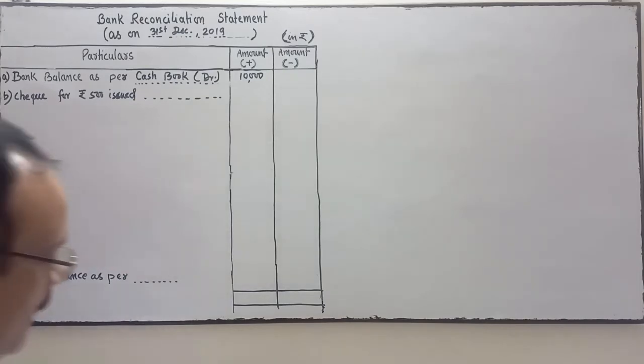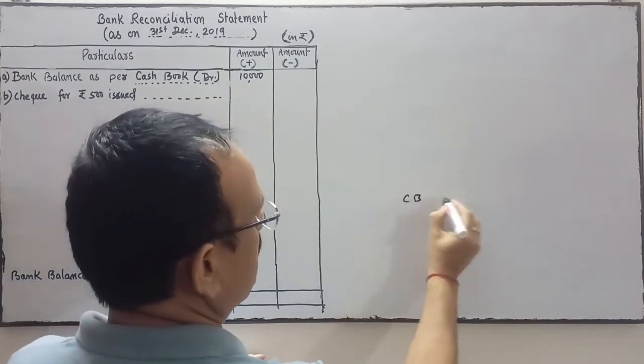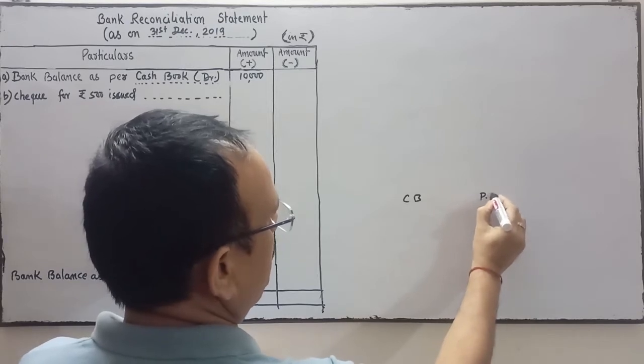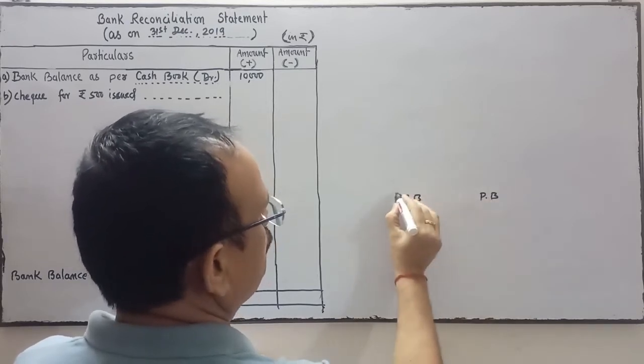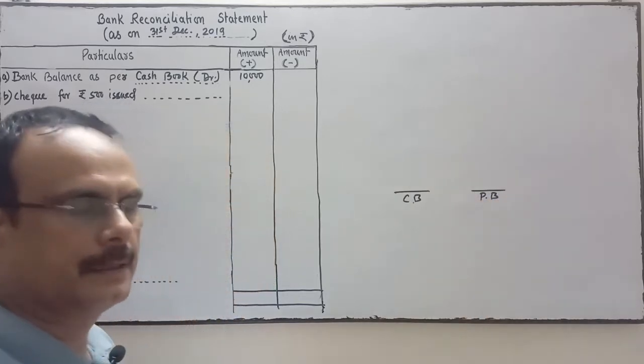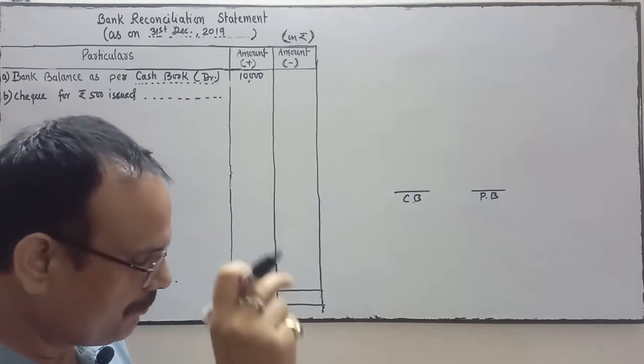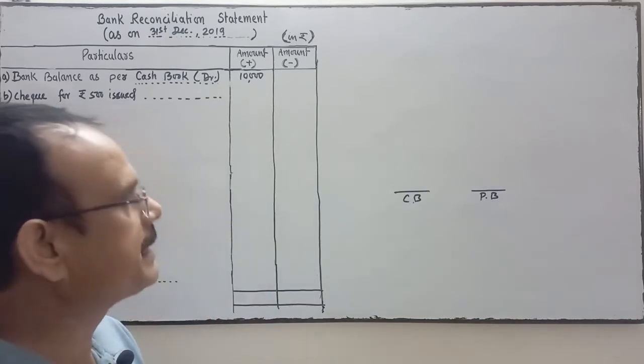Okay, and then see, this is your cash book, this is your passbook. So the balance at present is here, both the balances are the same, I am assuming. Now a check of rupees 500 issued in favor of Karan has not been presented for payment.